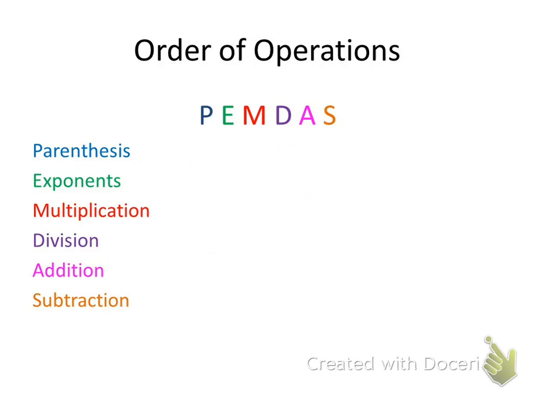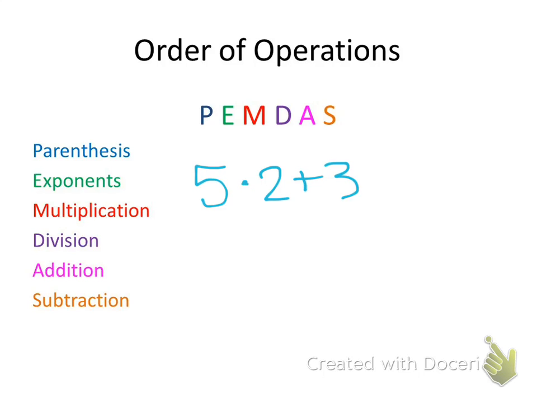The first one, parentheses. When I see a math problem, in general, you're going to have a lot of different pieces to do typically. And if you don't have a specific order that you do those pieces in, you could get different answers. Like if I were to do 5 times 2 plus 3, I could get 2 different answers with this problem.